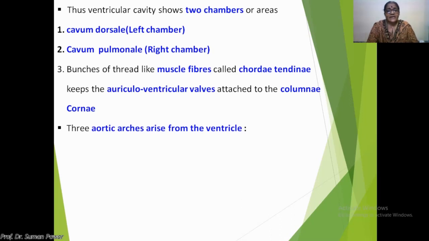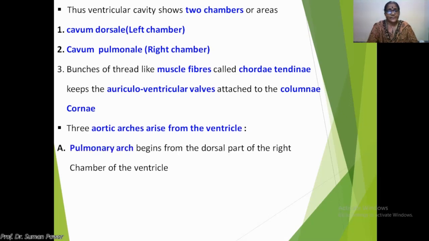Three aortic arches arise from the anterolateral position of the ventricle in Calotes. These arches arise independently, as there is absence of truncus arteriosus in Calotes.